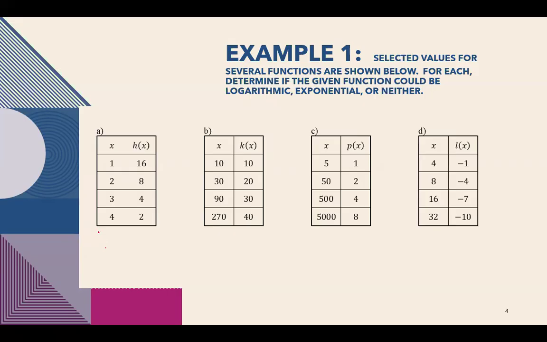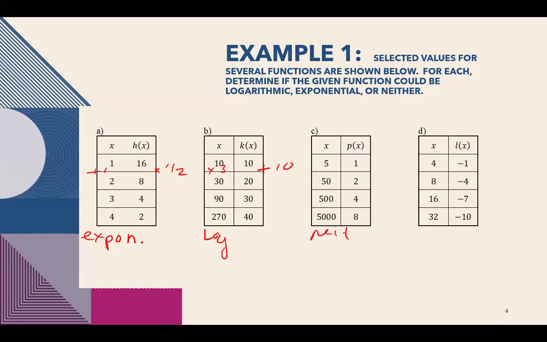All right, what is A? A is exponential. Why is it exponential? There we go. Perfect. All right, what is B? Perfect. And why is it so? Perfect. All right, what about C?